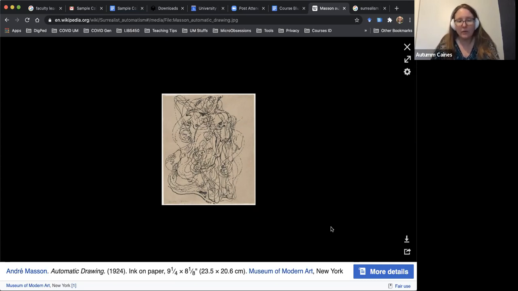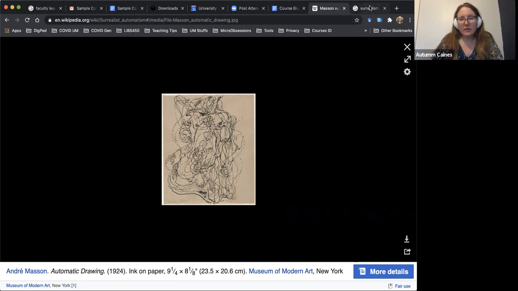What we're looking at right now is an example of automatic drawing, which has a bit of a connection to free writing. This is when you're sitting down and just drawing, just to draw. You're trying to get any kind of subject out of your mind, and you're just drawing in a very free way.